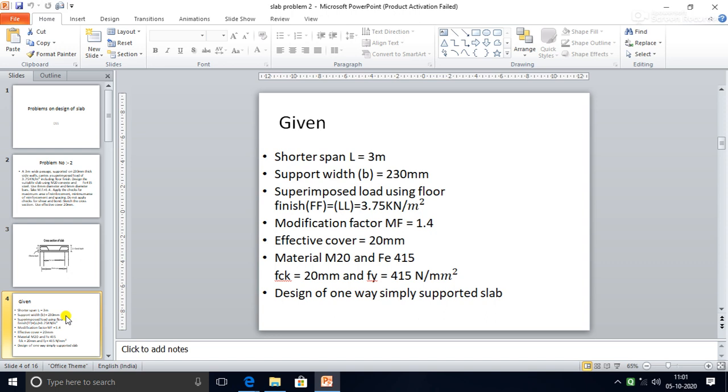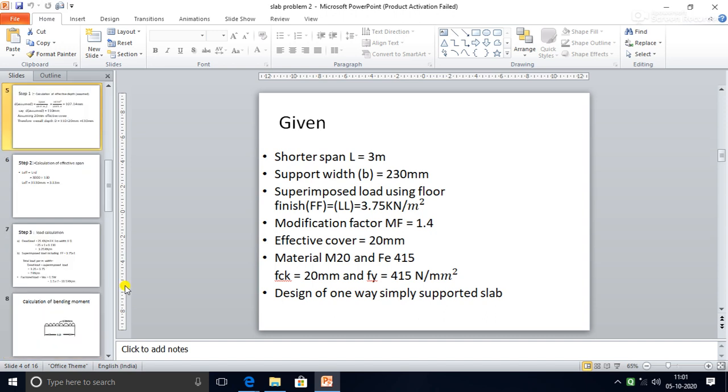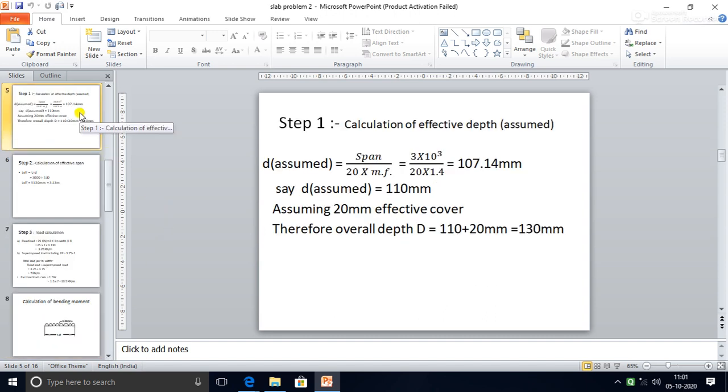Then modification factor MF is equal to 1.4. Effective cover is given as 20 mm. Material M20 and Fe 415, that is fck 20 Newton per mm square and fy 415 Newton per mm square. Then we have to design a one-way simply supported slab. Since it is a passage, we have to design a one-way slab.